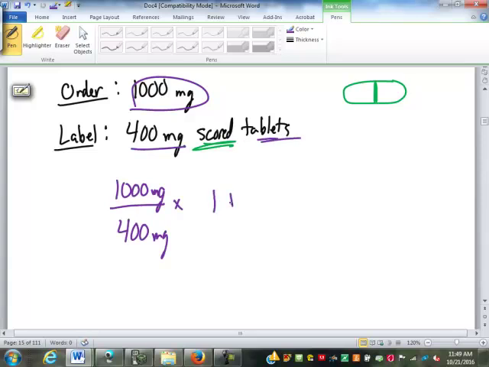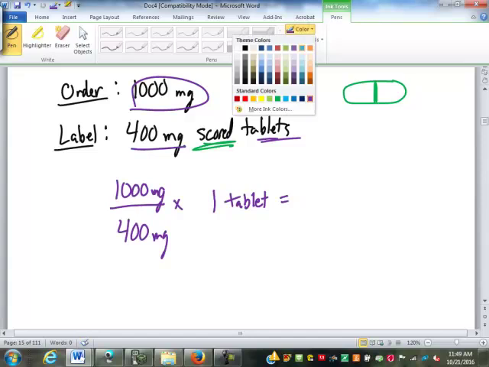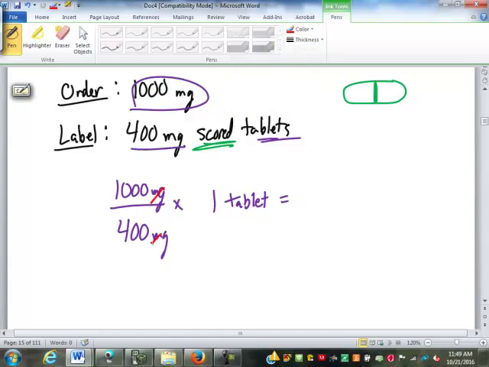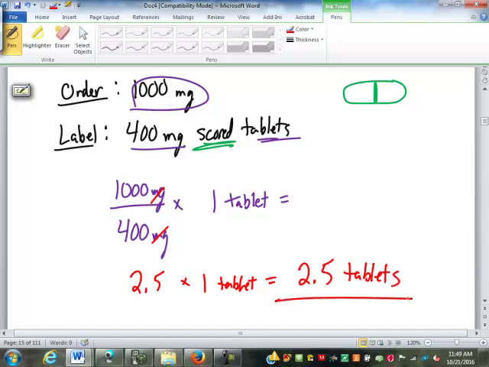Just a tablet. So once again, milligrams will cancel out. 1,000 divided by 400 is 2.5. Times our one tablet is 2.5 tablets. So 2.5 tablets is given to that patient.